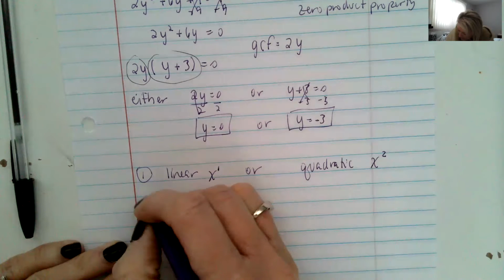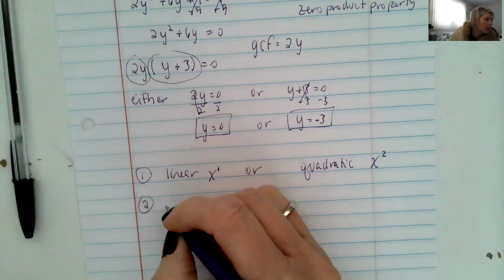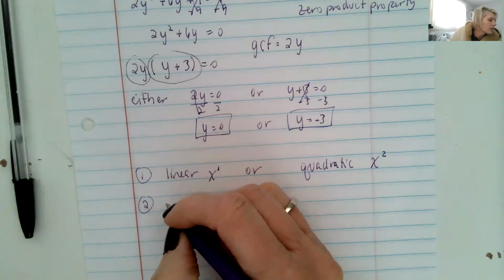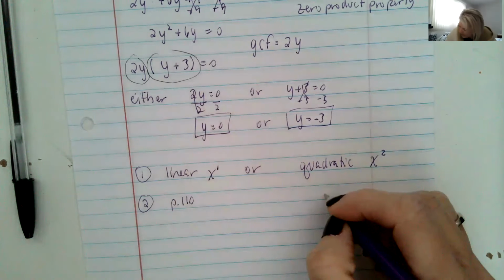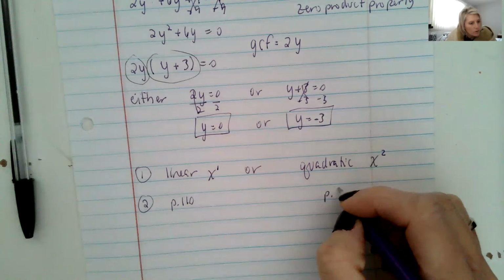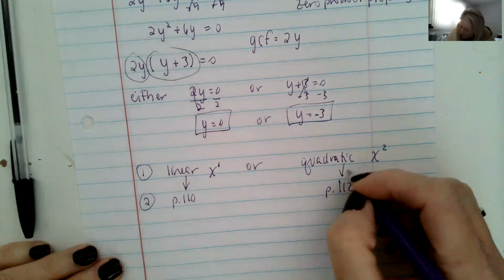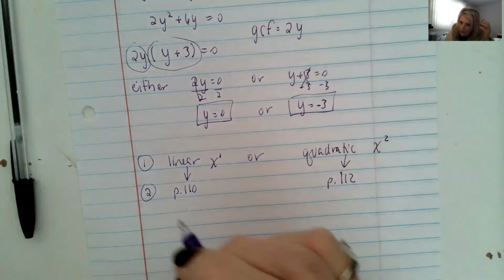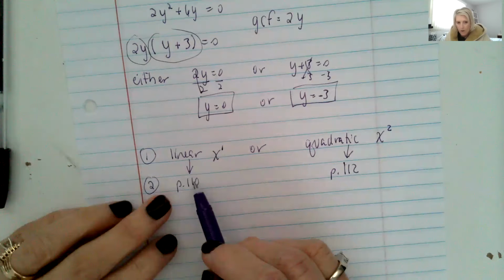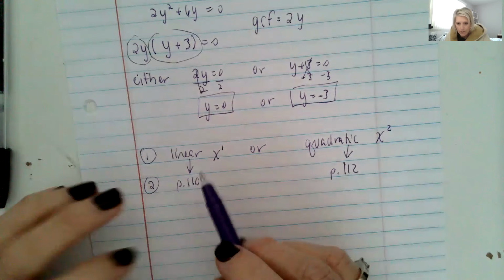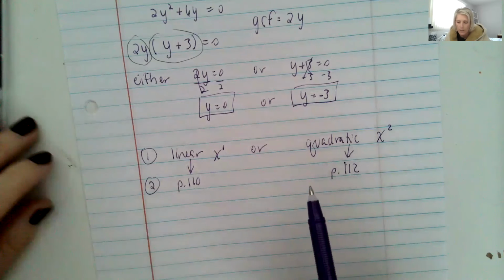If it's linear, you're going to use the page 110 strategy, and if it's quadratic, you're going to use page 112 with the zero product property. Because I am allowing you to have a sheet of notes for each of your tests, it would probably be good to have the strategy from page 110 on a note sheet and a section for solving for linear and the page 112 on a spot for solving for quadratic.